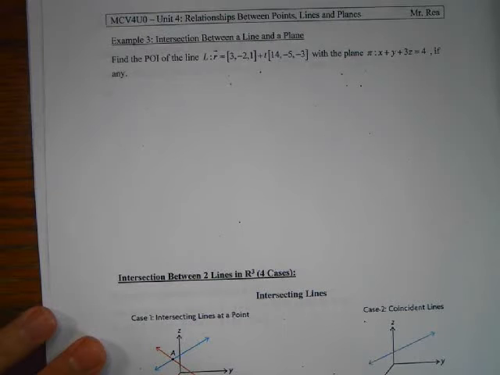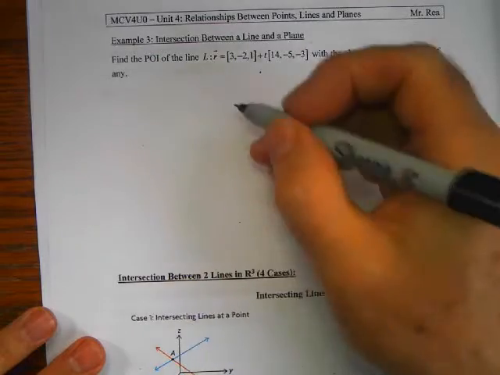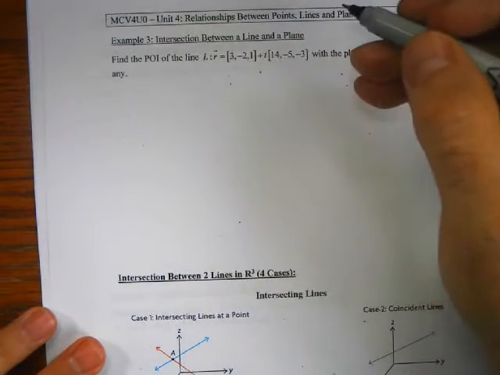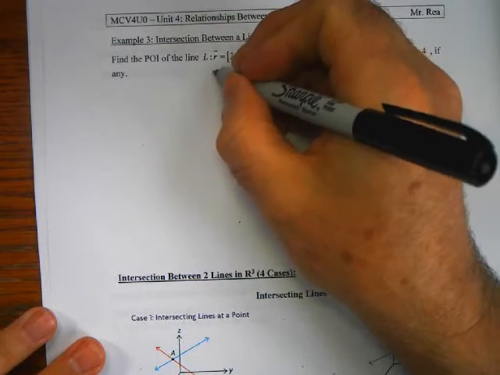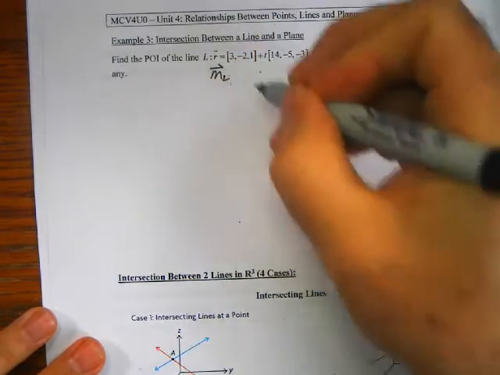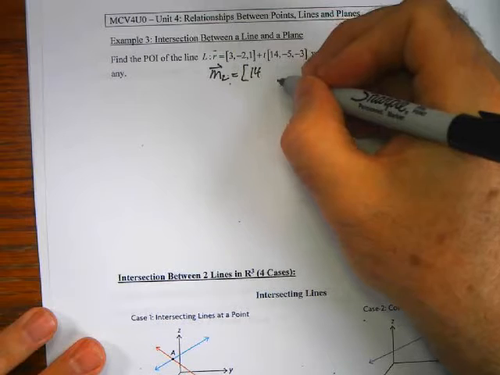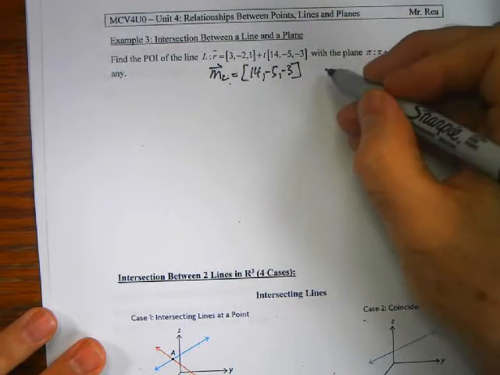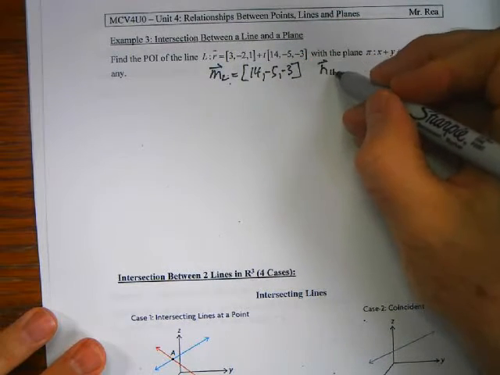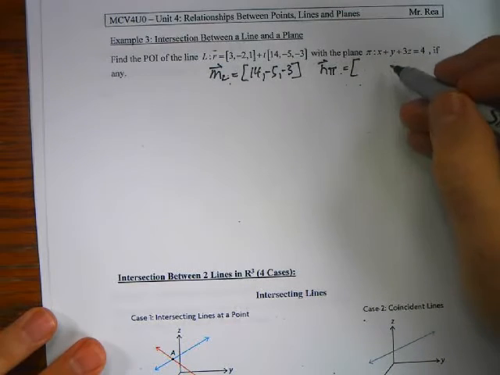So again, first thing we're going to do is, here's the line. This is the direction vector m for the line, equal to 14, negative 5, negative 3, and the normal of the plane is equal to the ABC values in Cartesian form here, 1, 1, 3.